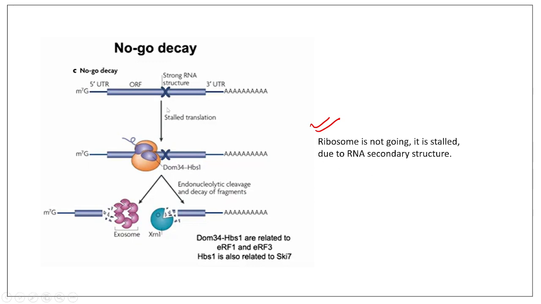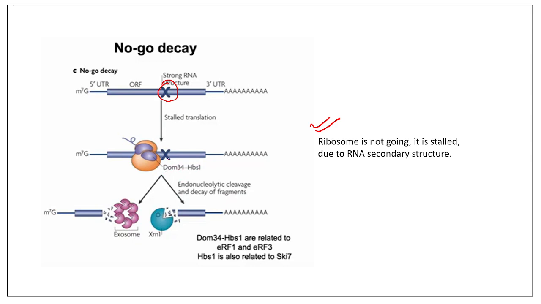So here what happens is the ribosome is stalled. You can see there is a strong RNA secondary structure here, and because of it the ribosome is unable to move. Because the ribosome is unable to move, a protein known as DOM34-HBS1 comes.